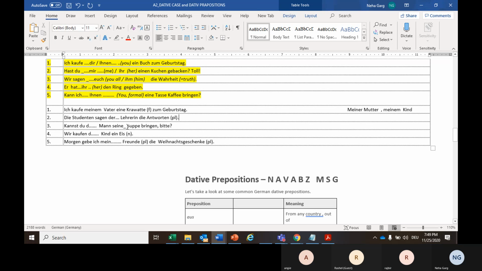There are two blanks here in this sentence. Kannst du Suppe bringen, bitte?